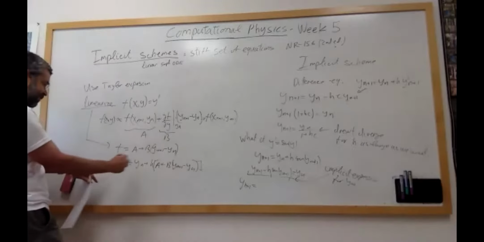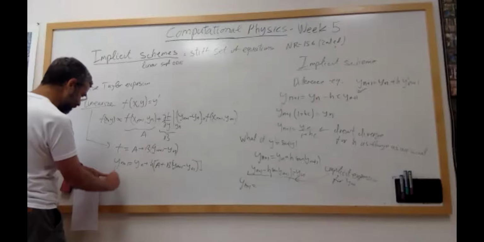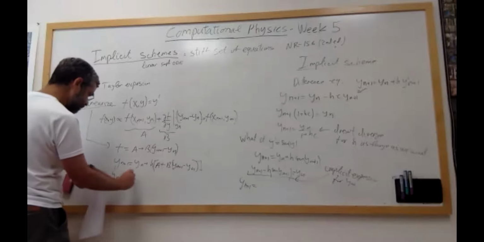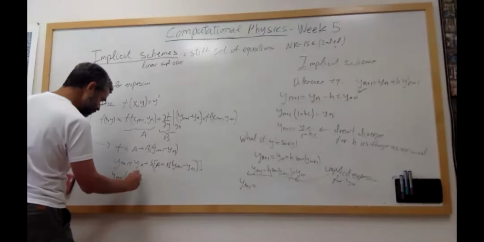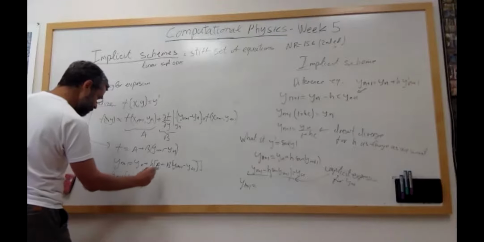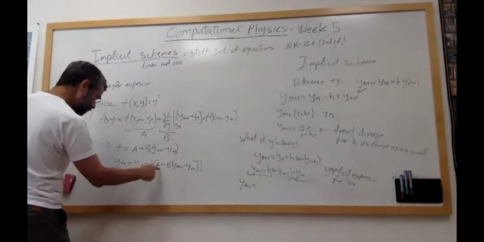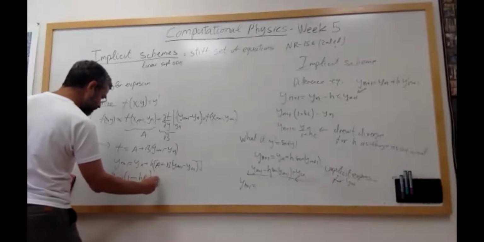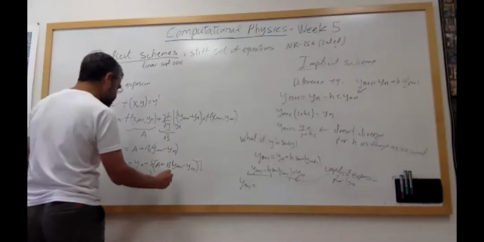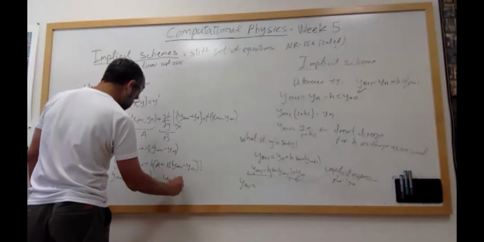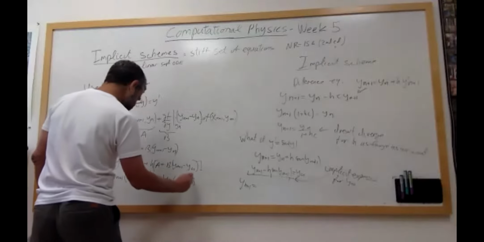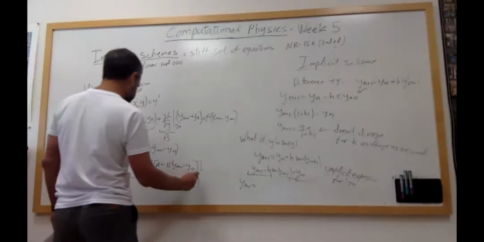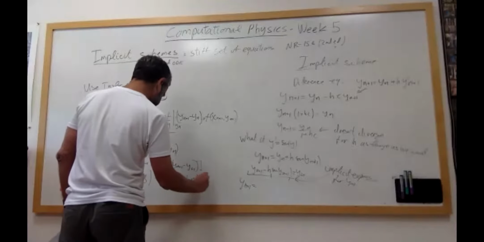So on the right hand side, we have yn times 1 plus hb, plus ha.